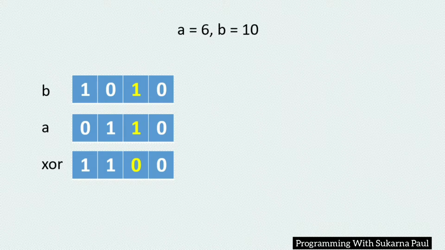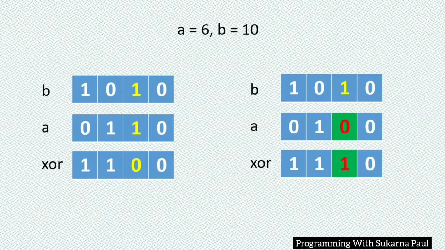So in the XOR representation, the bit in that position is 0. Now think about the observation that if the corresponding bit of A had been 0, then the XOR bit for that would be 1. In this way, two things happened.